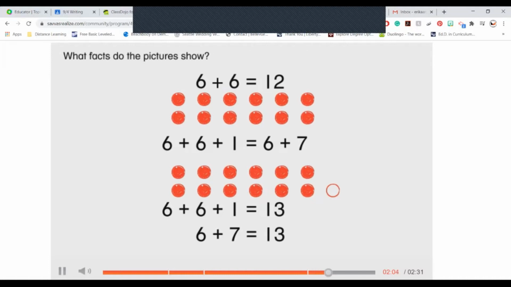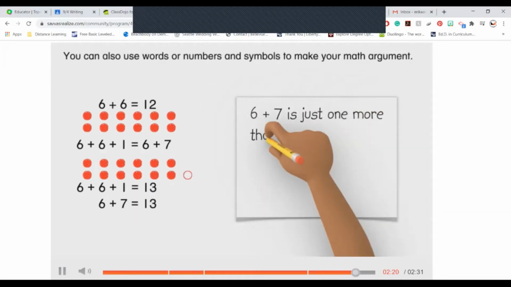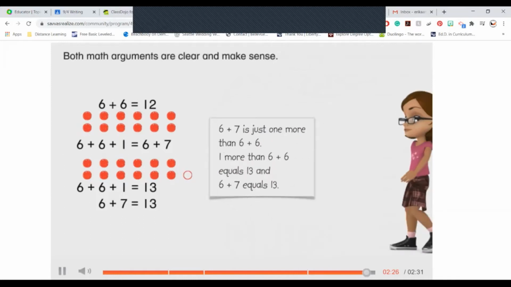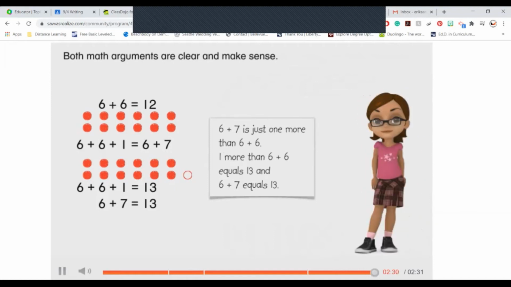What facts do the pictures show? 6 plus 6 equals 12, and 6 plus 7 equals 13. You can also use words or numbers and symbols to make your math argument. Both math arguments are clear and make sense.